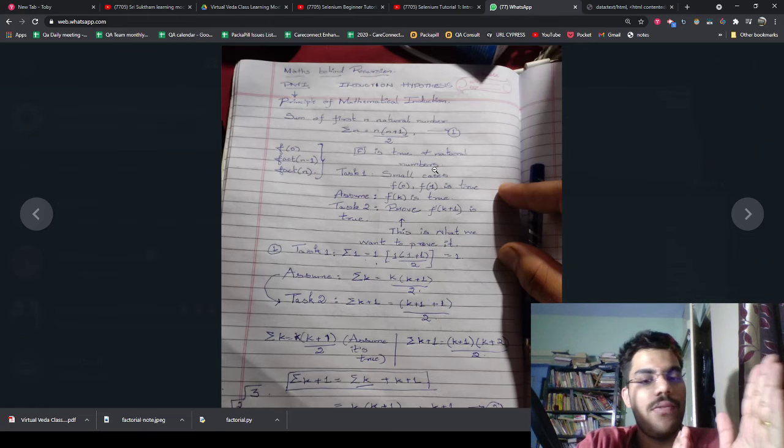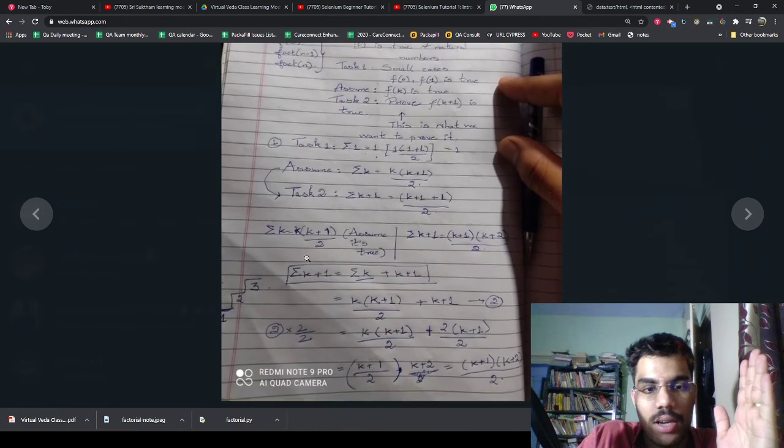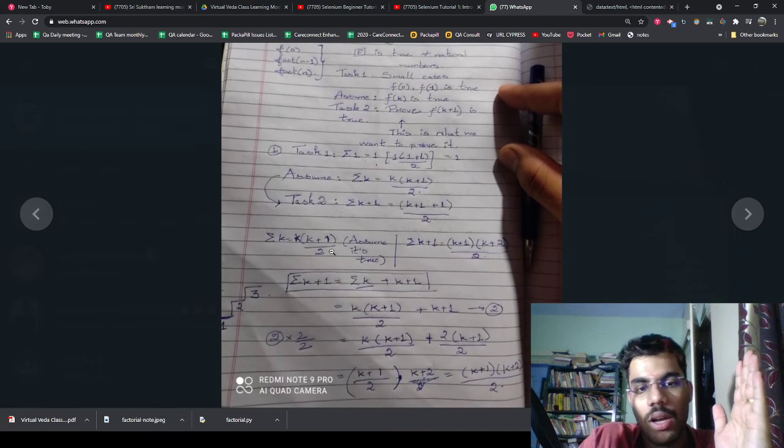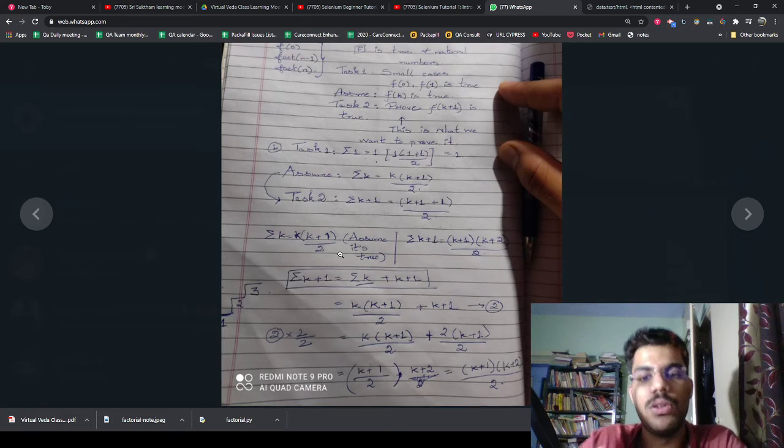The assumption is the left hand side. Assume it is true, k into k plus 1 divided by 2, and the right hand side is task 2. Summation of k plus 1 equal to k plus 1 into k plus 2 divided by 2. We are applying k plus 1 in that case.